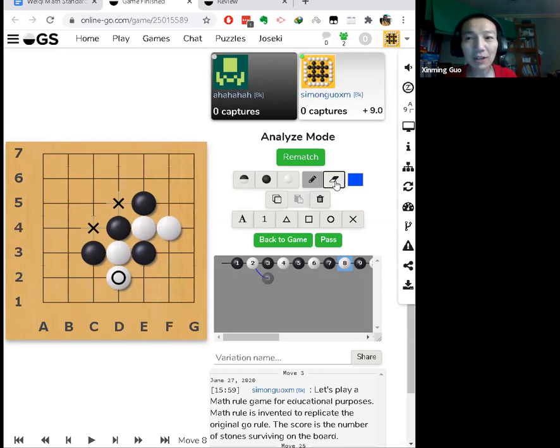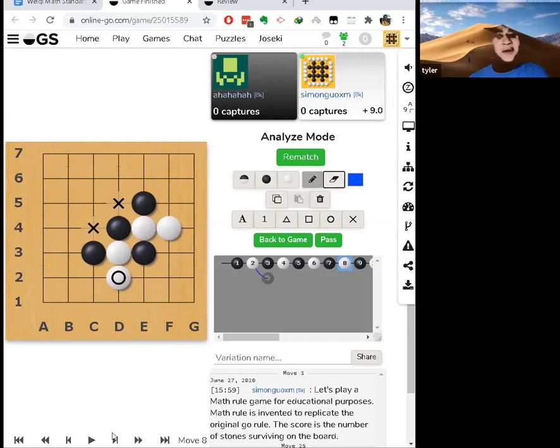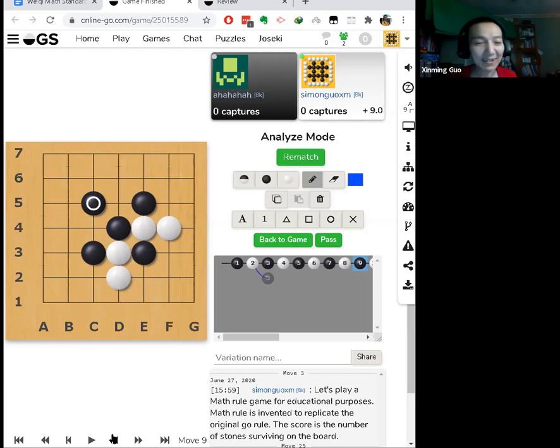If there are lots of cutting points, the risk is very high. Is that called a double cutting point, like double Atari? Yes, there's a double Atari, but this one, what's this called? What does this look like? An X.